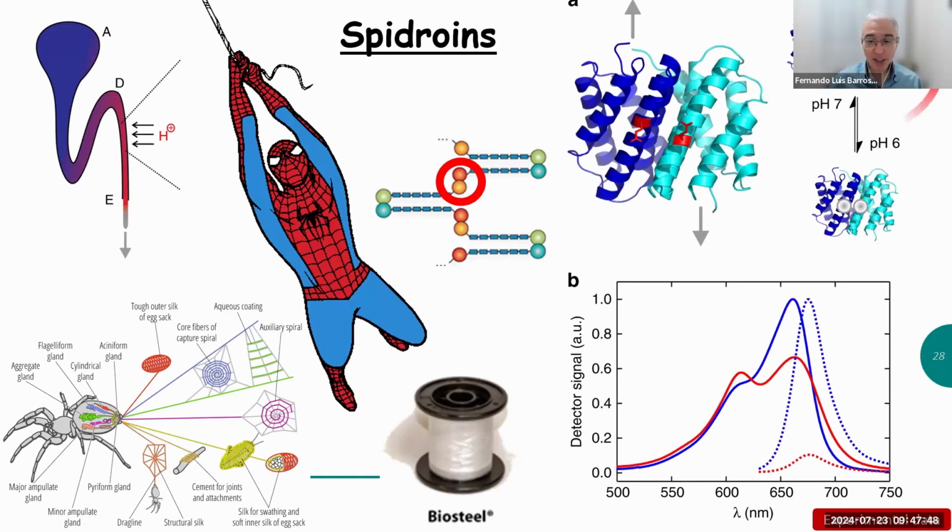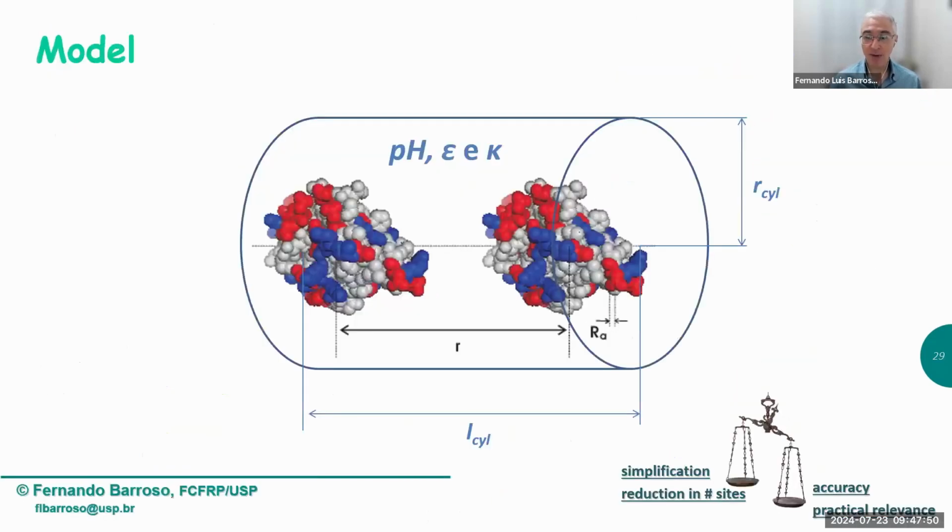So using simulations, that's the fourth approach. I have two proteins, in this case, two spidroins. They can translate, they can rotate, and they can be affected by pH. So those are the movements that they are allowed to have. And again, the titration scheme.